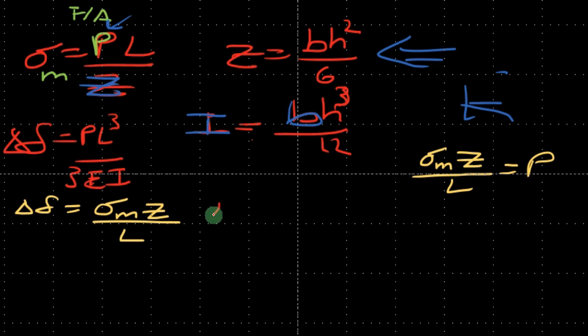So L over 3, divided by 3EI. So we're continuing here. These two terms can be simplified. That makes it go away. Let's bring it back. Okay, they can be simplified. So what's Z divided by I?